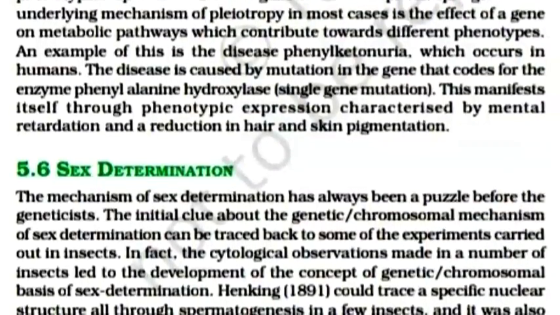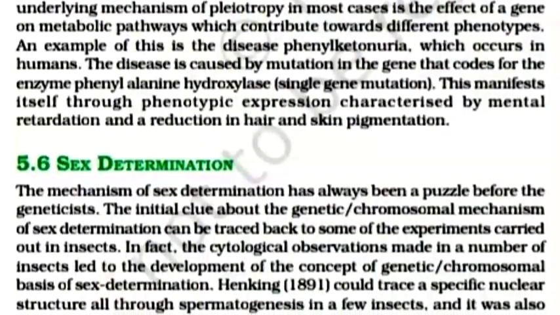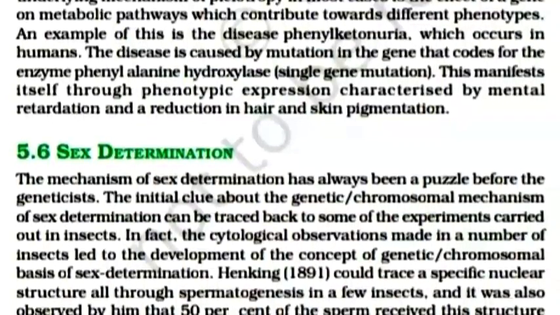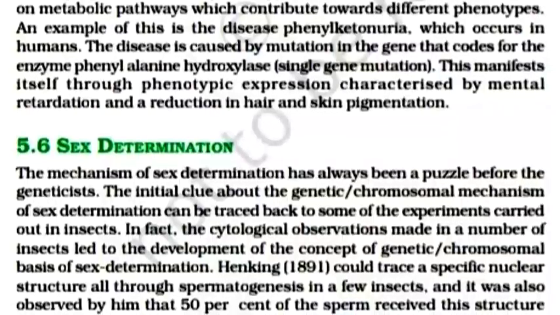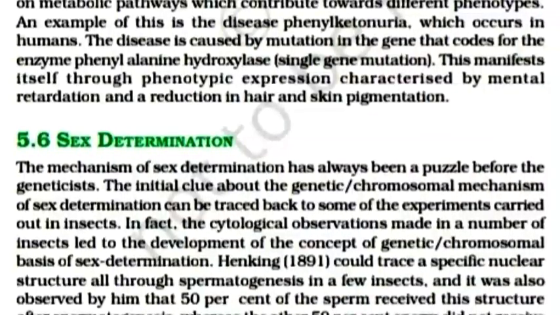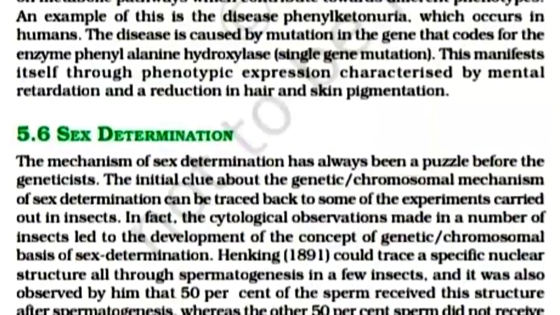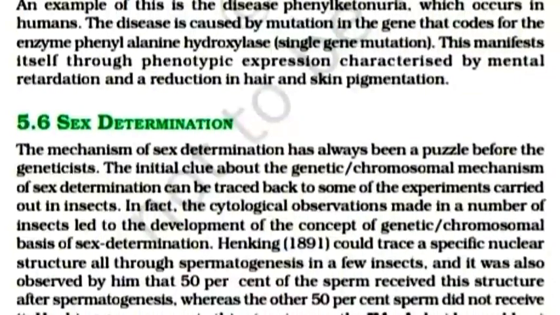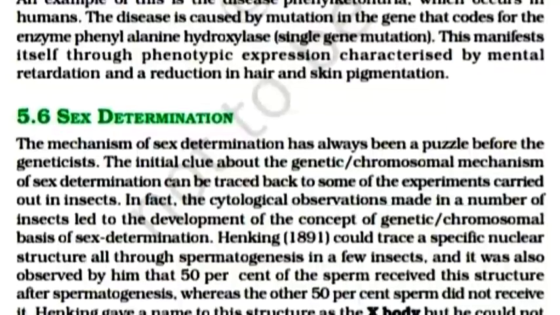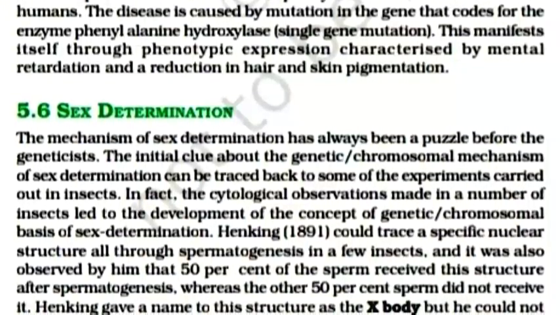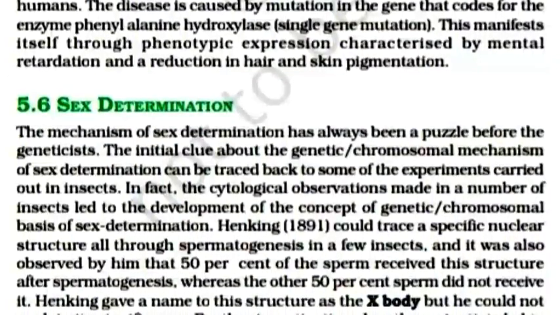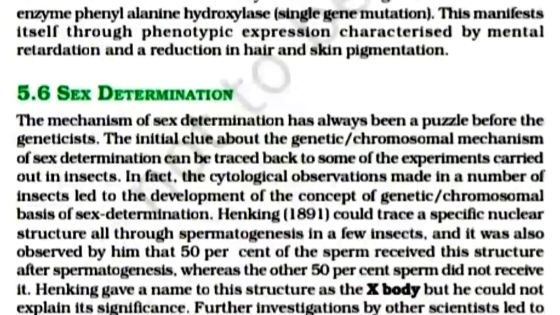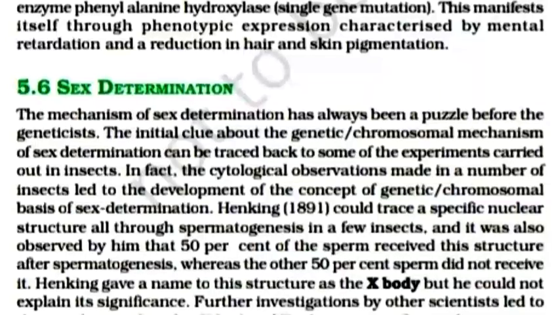Sex determination. The mechanism of sex determination has always been a puzzle before geneticists. The initial clue about the genetic or chromosomal mechanism of sex determination can be traced back to some of the experiments carried out in insects. In fact, the cytological observations made in a number of insects led to the development of the concept of a genetic or chromosomal basis of sex determination.